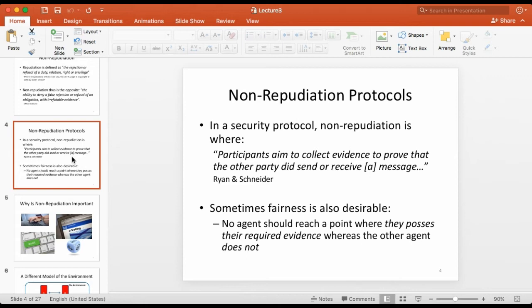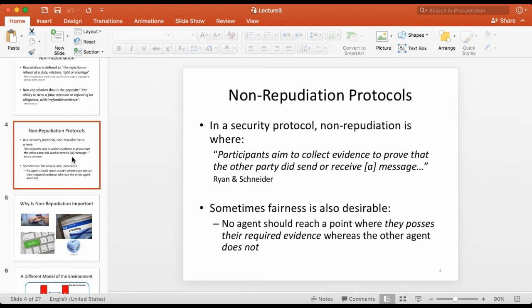In addition to this kind of property, we are also sometimes interested in proving that non-repudiation protocols also exhibit fairness. The idea of a fair non-repudiation protocol is that no participant in that protocol can reach a point where they can present evidence or possess a certain amount of evidence before the other agents have.